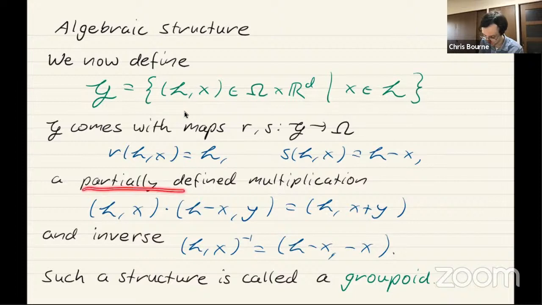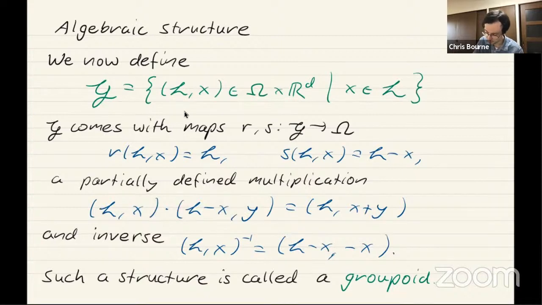So I also have a so-called partially defined multiplication. Unlike, for example, a group where you can multiply any two elements, I can multiply sometimes, but not all the time. So if I have (L, X) and then (L minus X, Y), in particular, the range of this one is the source of this one.